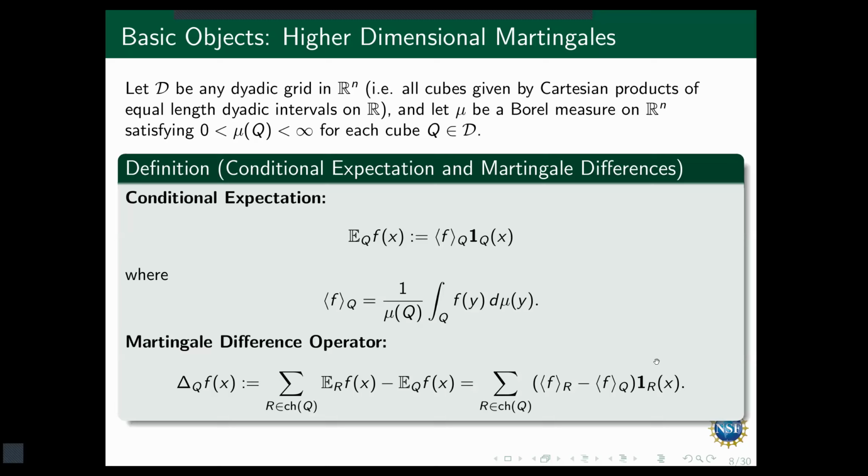And if you think about just the one-dimensional case, Delta_Q is going to be the projection of f onto the one-dimensional space that's spanned by the Haar function h_Q, right? So these are objects which show up very naturally when we move to higher dimensions. And again, we're going to use the notation Q hat to denote the dyadic parent of the cube Q in this higher dimensional setting.